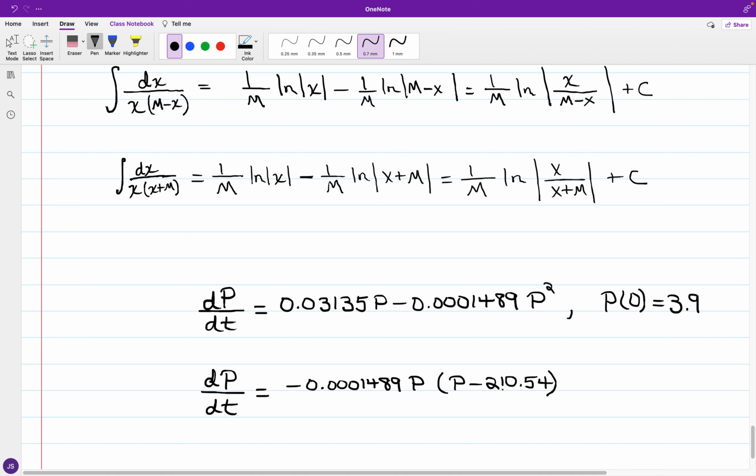210.54. That's an approximation, along with this very small decimal number, 0.03135.